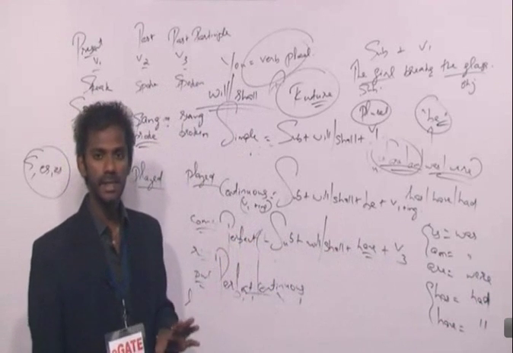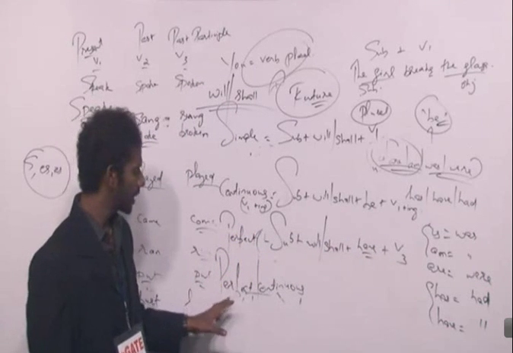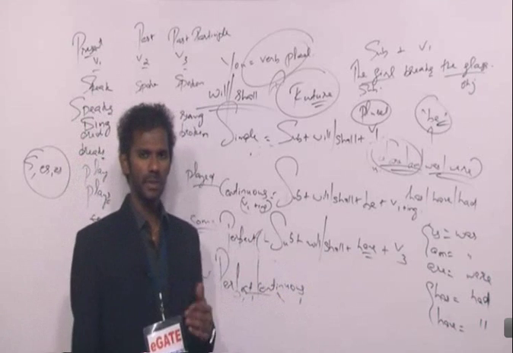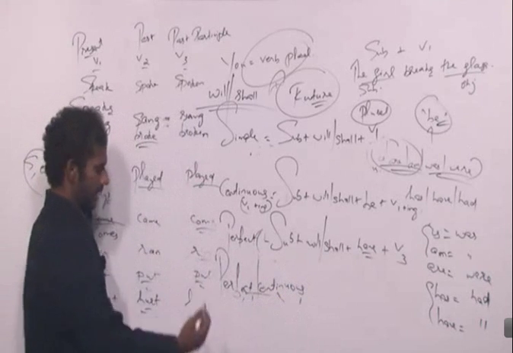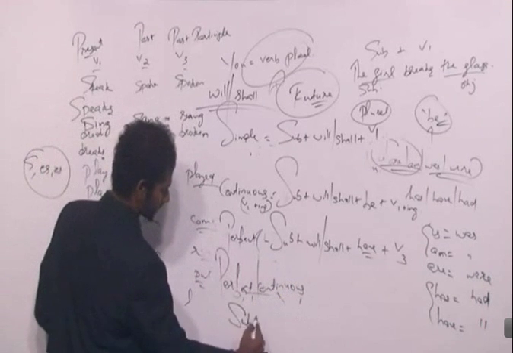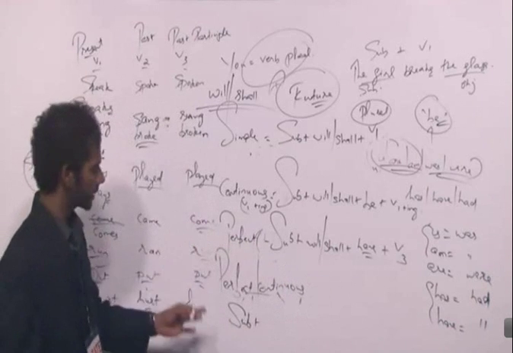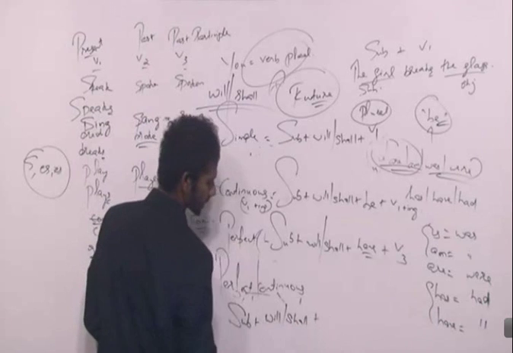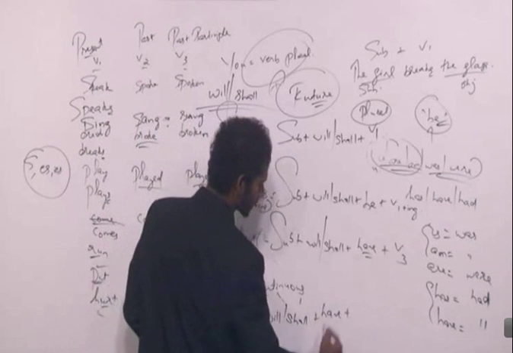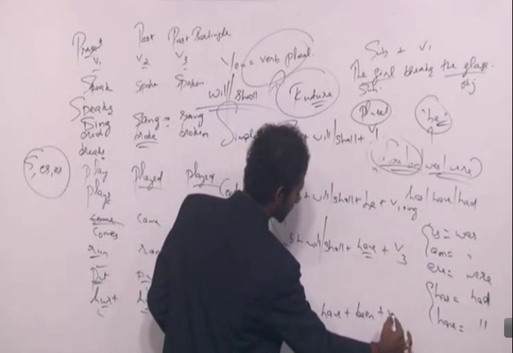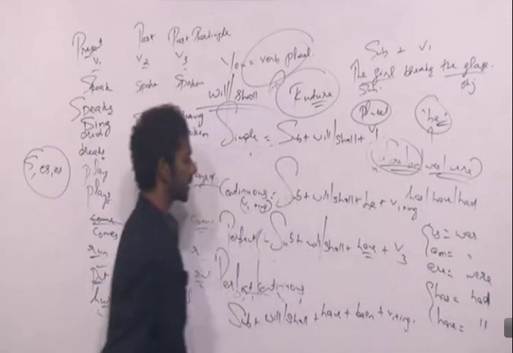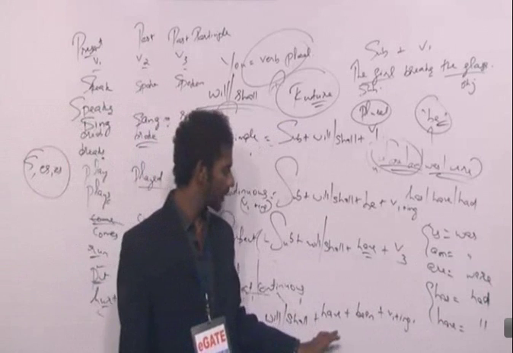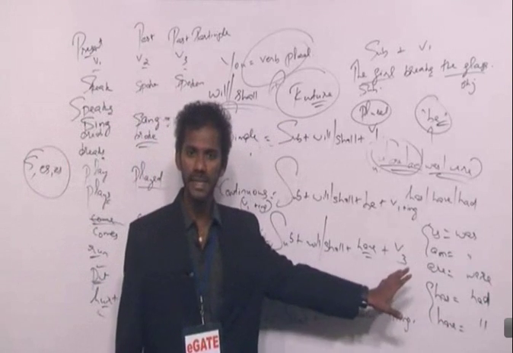Now the last category in future tense, future perfect continuous. Right? You must be knowing the structure. Subject plus will or shall plus have plus been plus V1 plus ing.